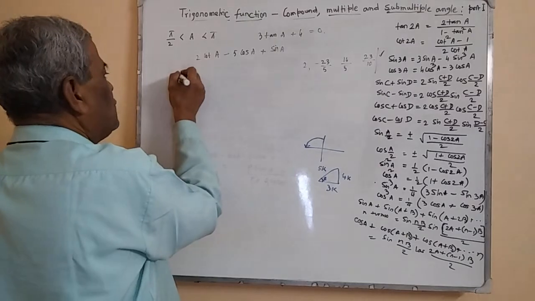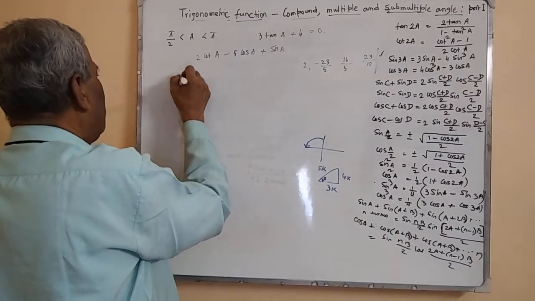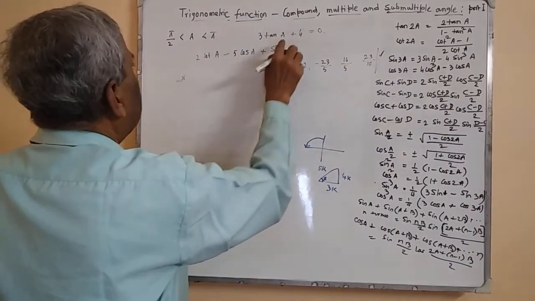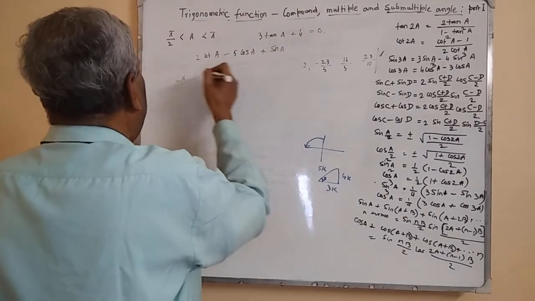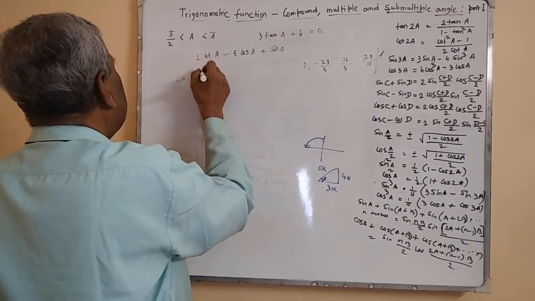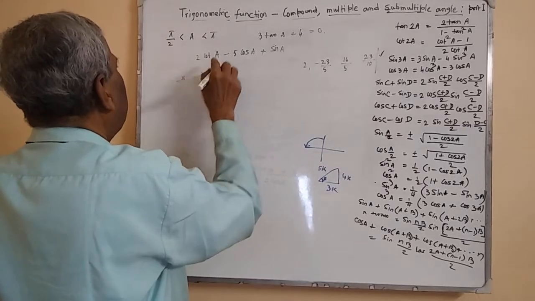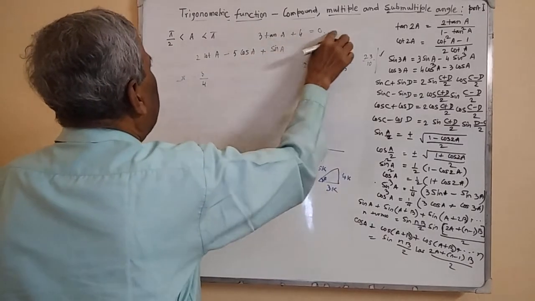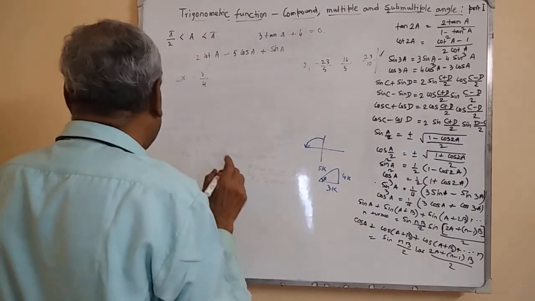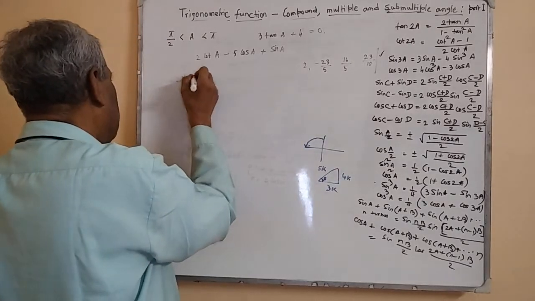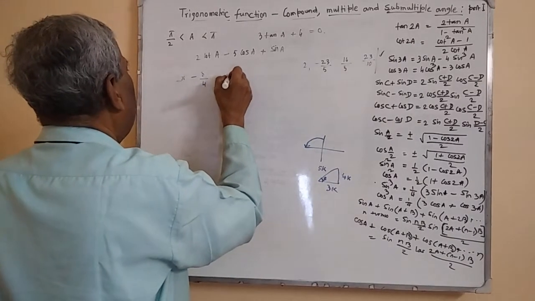Therefore, this value is 2 into cot A. Tan A is minus 4 by 3, so cot A is minus 3 by 4, with this minus 5.